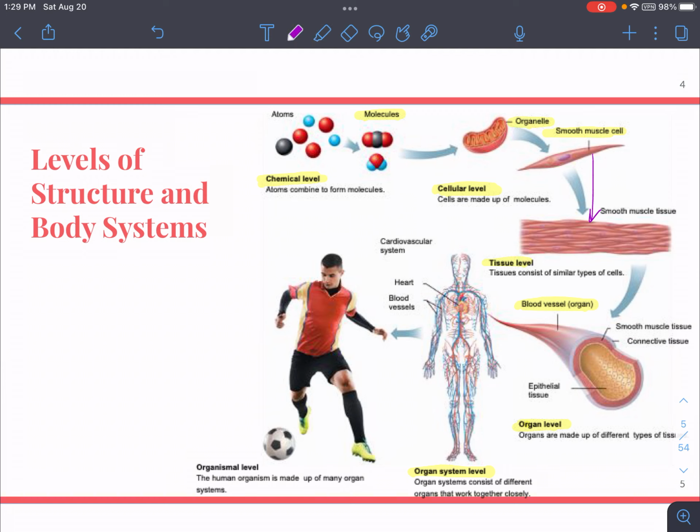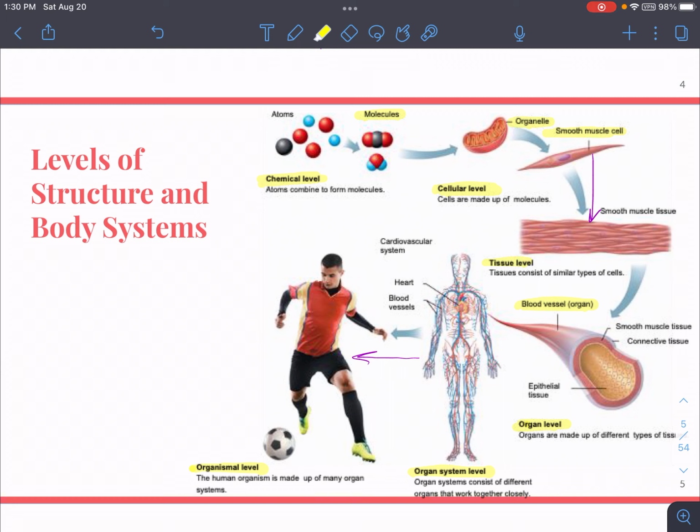Then we're also going to look at how that all translates into who you are as a human being. We're going to look at how individual atoms become molecules, that become cells, that become tissues, the organ level, that becomes an organ system that makes up each one of us. It's different for every single person.